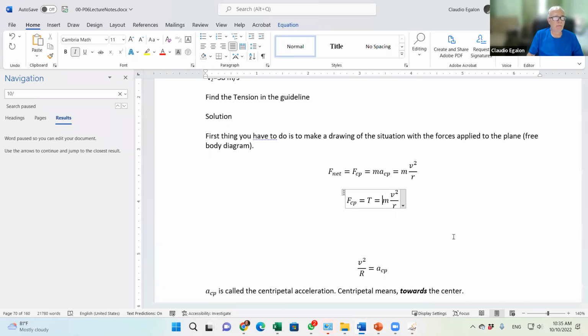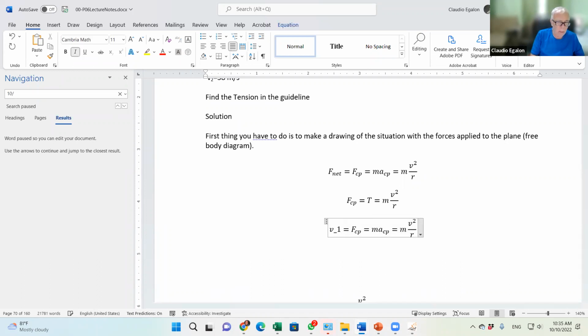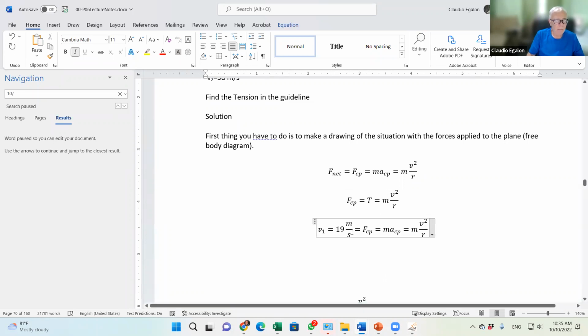And now we want to solve this problem for 2 different speeds: V1 equal to 19 meters per second, and V2 equal to 38 meters per second. What's going to happen to the force?